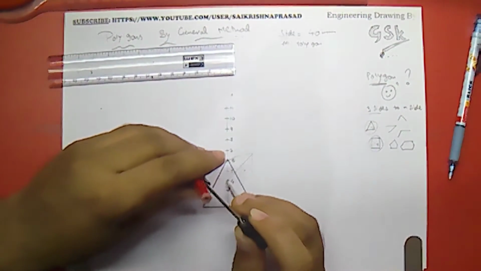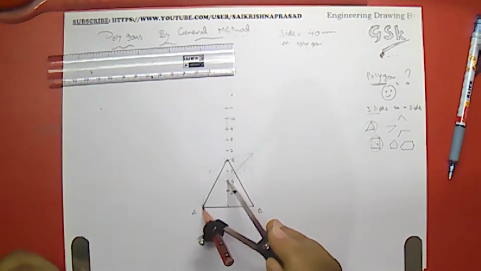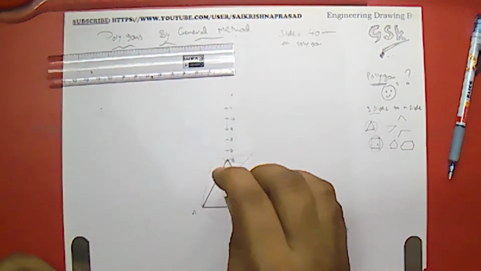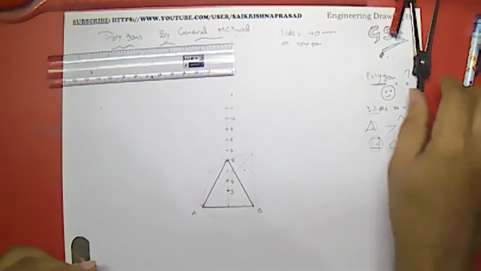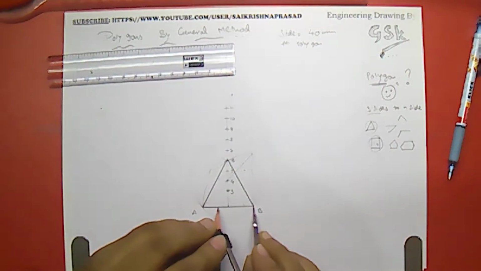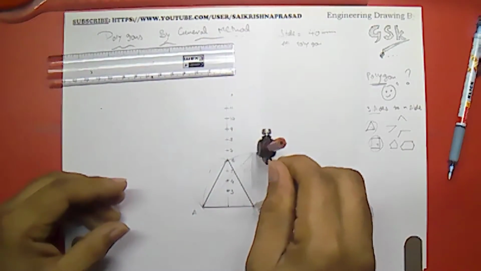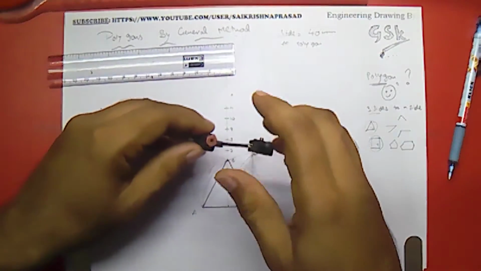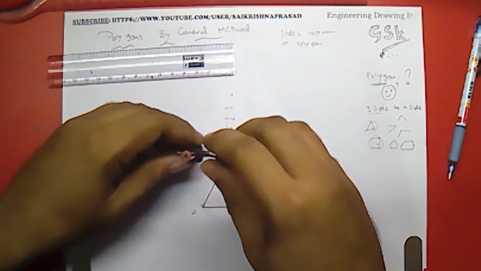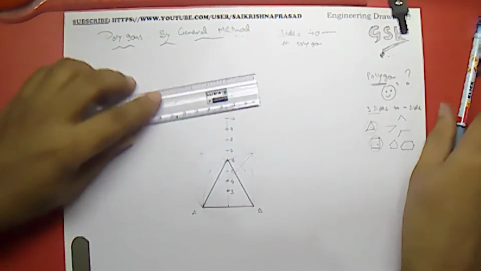Now make 4 as center, take 4A as radius, that would be equal to 4B. Now draw another circle, measure AB, draw arc here, arc here, arc here, right?